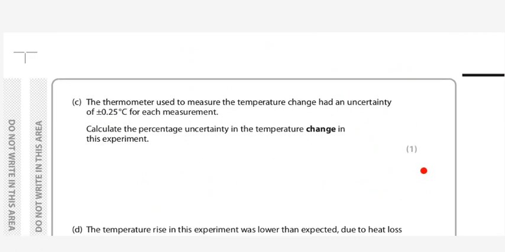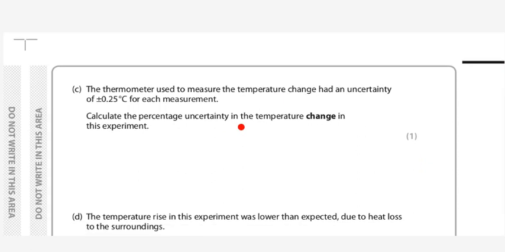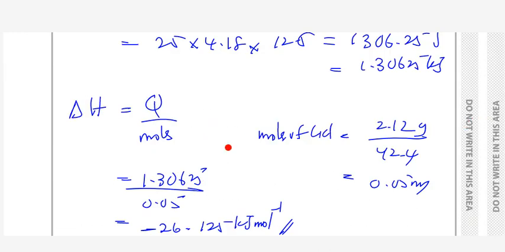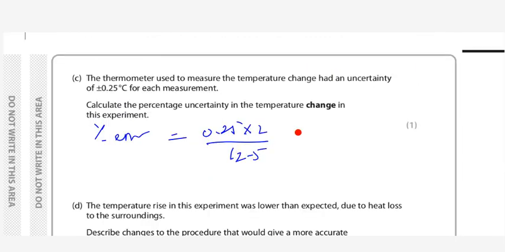The thermometer used to measure the temperature change had an uncertainty of plus or minus 0.25 for each measurement. Calculate the percentage uncertainty in the temperature change in this experiment. For percentage error, the uncertainty should be multiplied by 2 because they're taking 2 readings, over the value, times 100%. The value is 12.5.